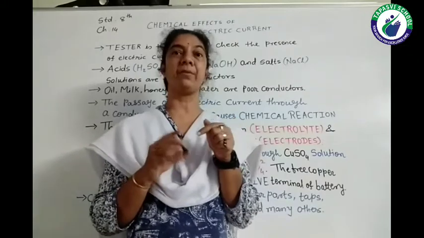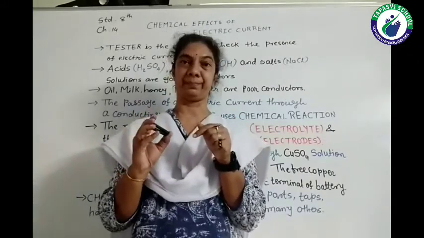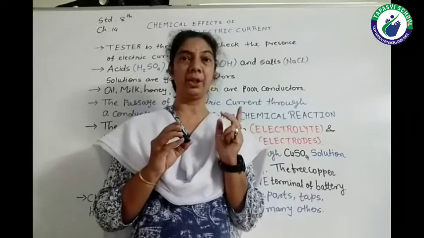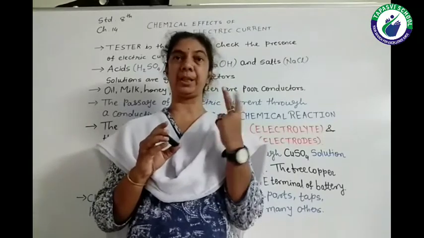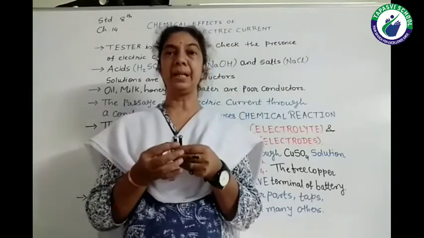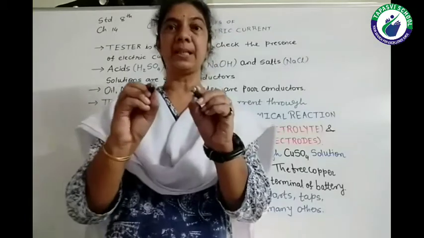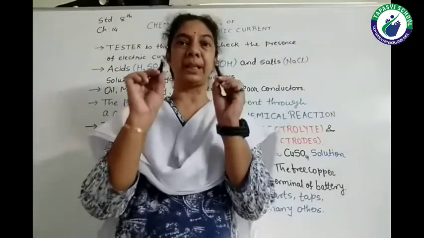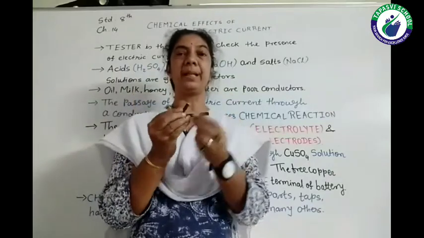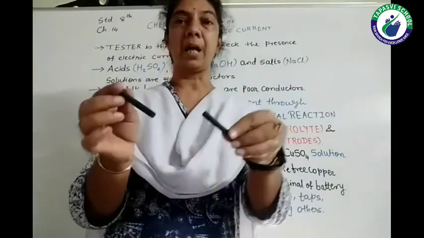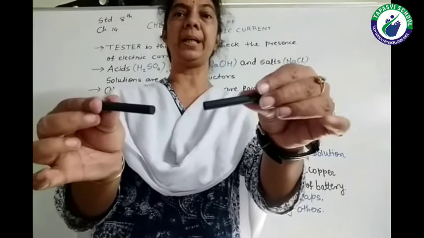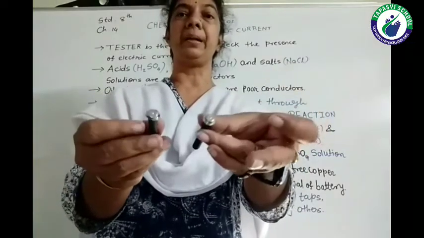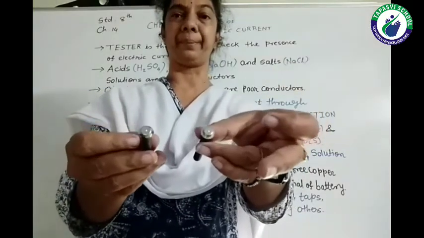And the battery we have connected has two terminals, positive and negative. Here you can see this metallic cap. This we can see outside the battery, and these are the carbon rods connected with that metallic terminal, the metallic cap.